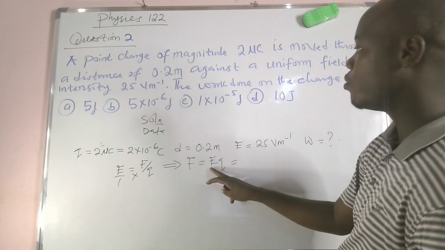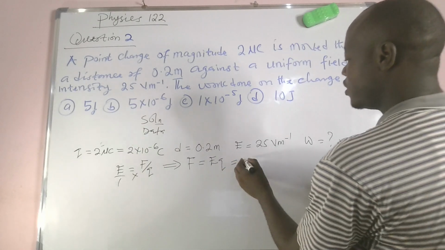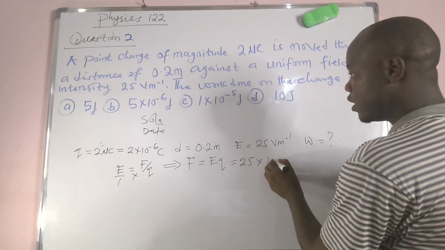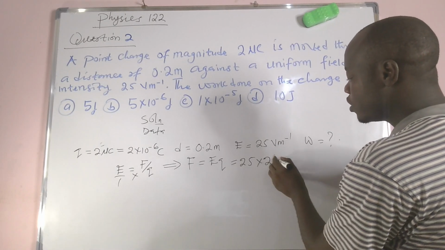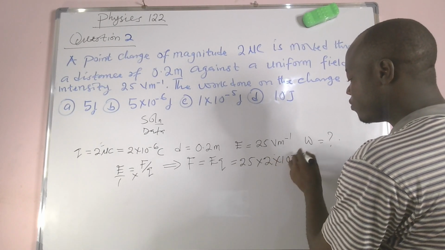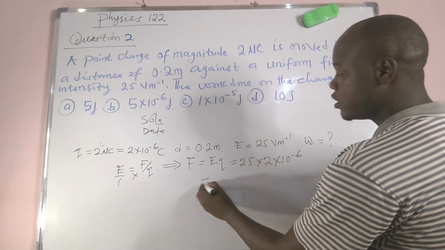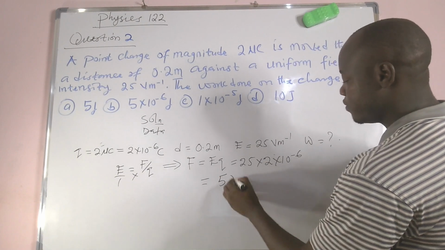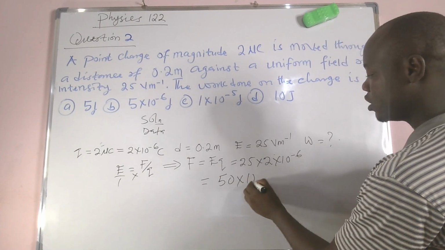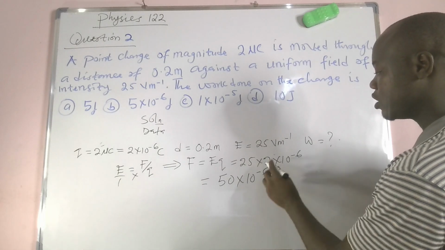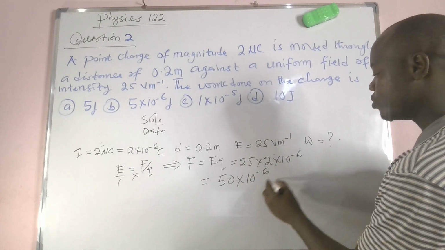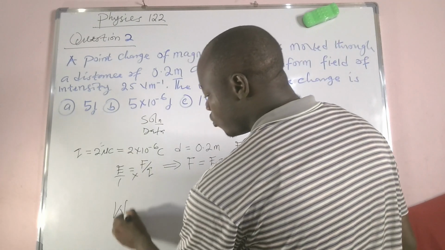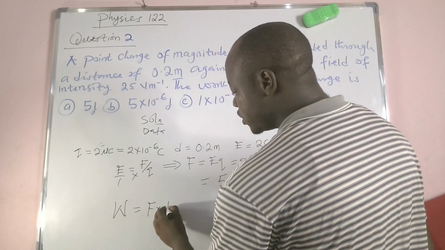We already have E from the question as 25, and Q, which is 2 times 10 raised to the power of minus 6. When we multiply, 25 times 2 gives us 50, so 50 times 10 raised to the power of minus 6 Newton.